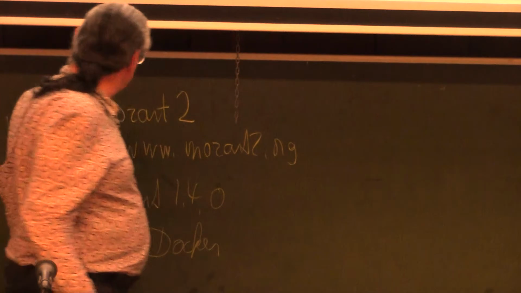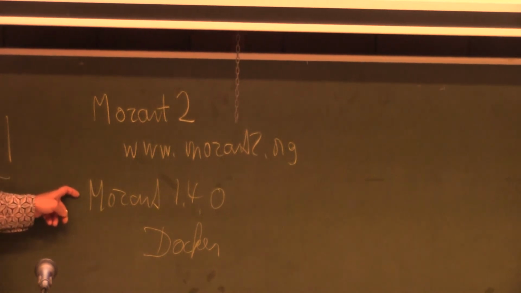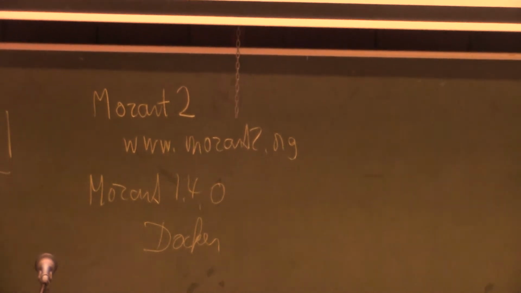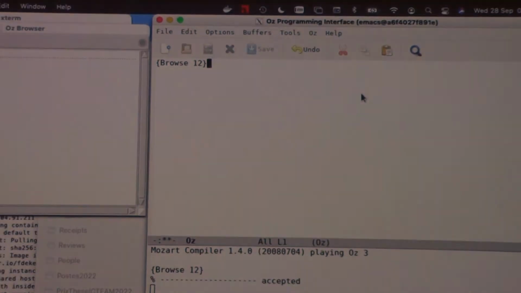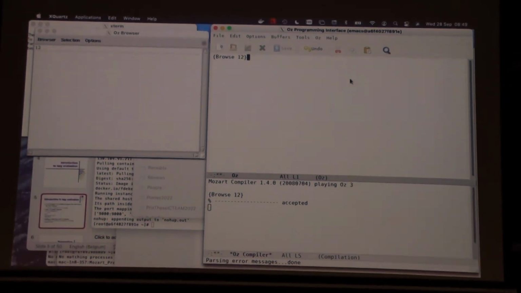The reason is that Mozart 2 is a 64-bit system, and Mozart 1.4.0 is an older, 32-bit system, so it will not run on 64-bit, so I run it inside a virtual image. Also, this is an old Mac OS, Big Sur, and it has a bug, and Mozart 2 does not run very well on Big Sur. So that's why I'm running Mozart 1.4.0.